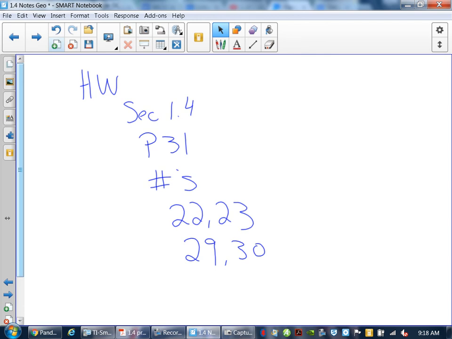Two of them are straight angle addition, like the examples we just did. The other two, 29 and 30, they look like this.